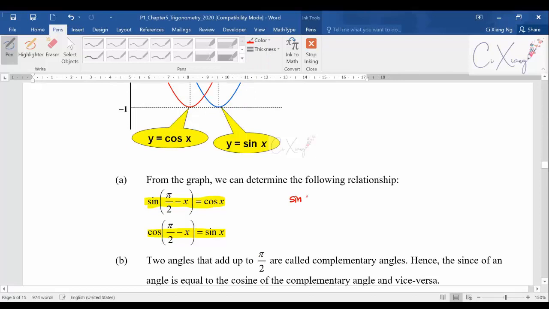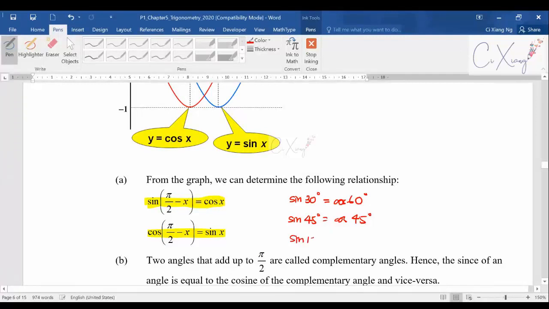If you have sine 30, the value, if you press a calculator, equals cos 60. So 30 plus 60 equals 90, and the sine 30 and cos 60 values are the same. If you have sine 45, the value equals cos 45. If you don't believe it, you can press the calculator and have a look.